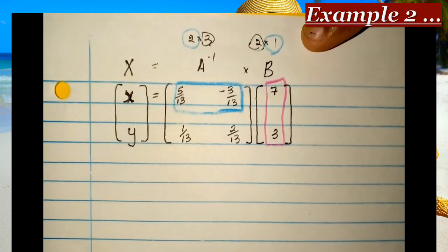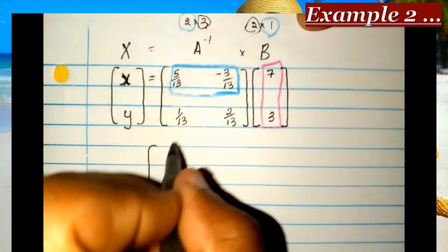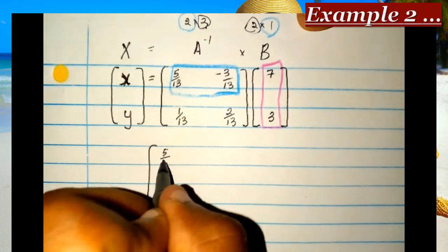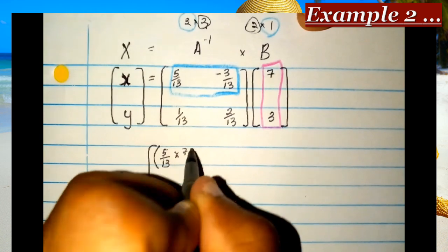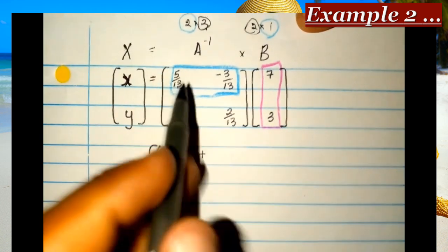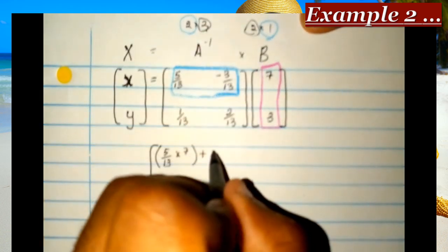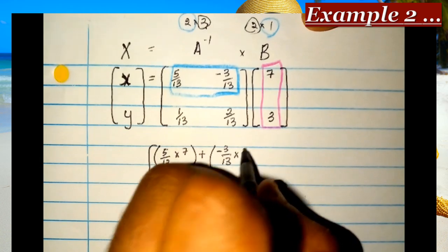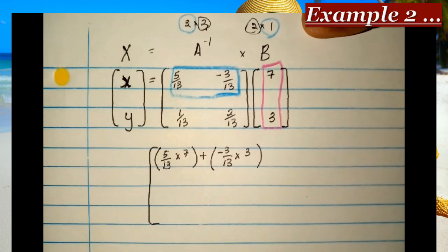So let's go. This is going to be my working matrix. So row by column, 5 over 13 multiplied by 7, plus, we finish with these first elements, so I move into the second elements now, plus negative 3 over 13 multiplied by 3. Whew, finish one. Let's go to the next one.